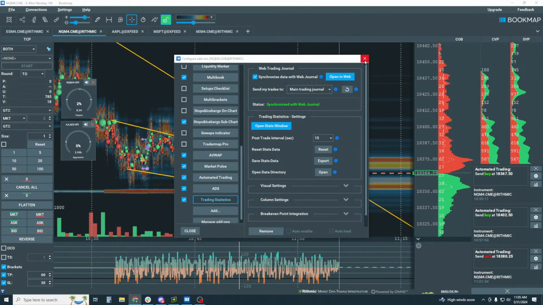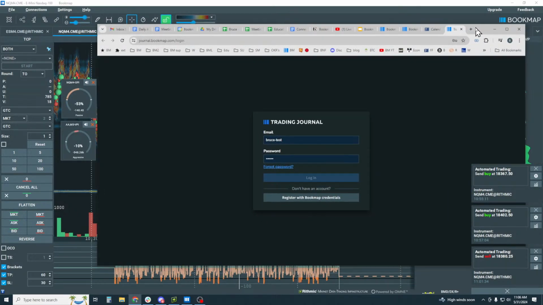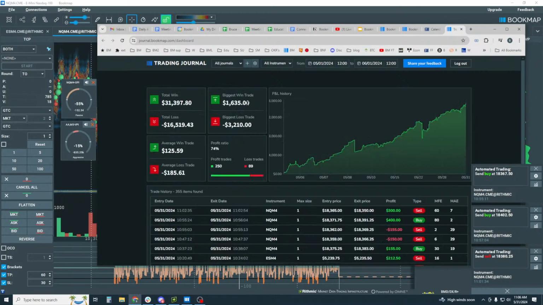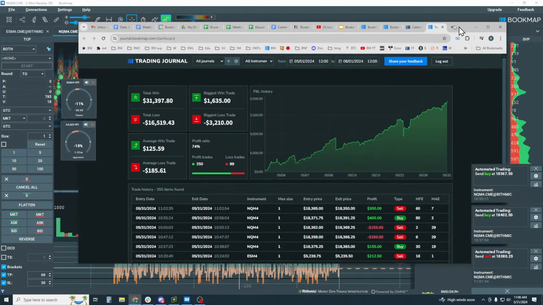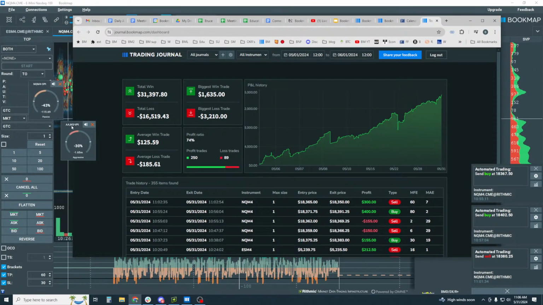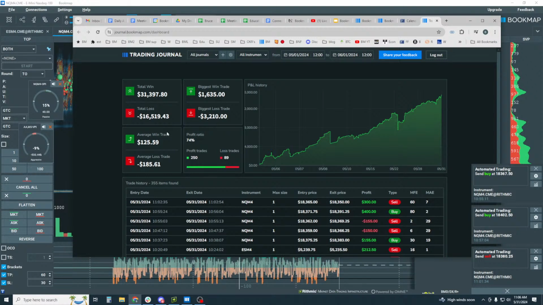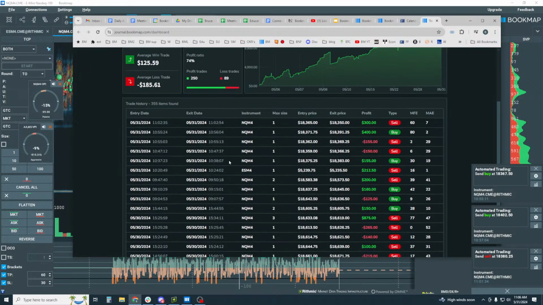Okay, so we'll close this now, and then we'll open up the web journal. Okay, and this will give us our equity curve here, our P&L curve, total wins, total losses, biggest winner, biggest loser, average winner, average loser, and profit ratio of wins to losses, as well as each trade and your MFE and MAE. So let's just take a look at some of our results in here.